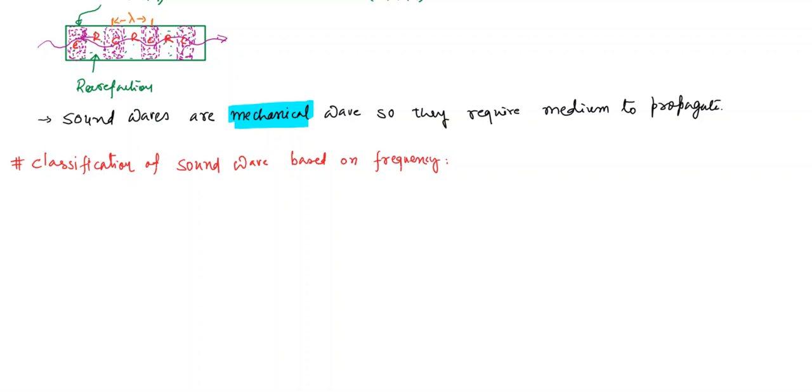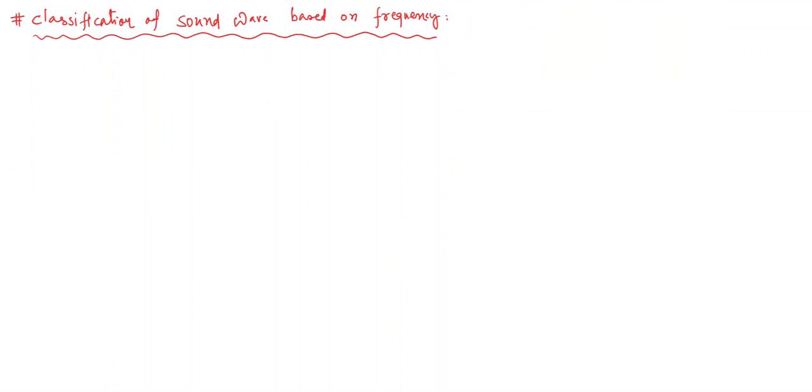This is actually our first topic of this unit. What I have done until now is all old material, which you would have studied in 11th and 12th. Now we divide sound based on frequency.